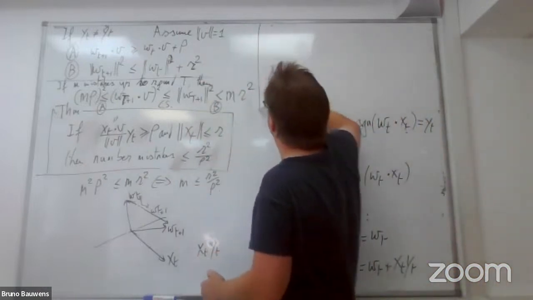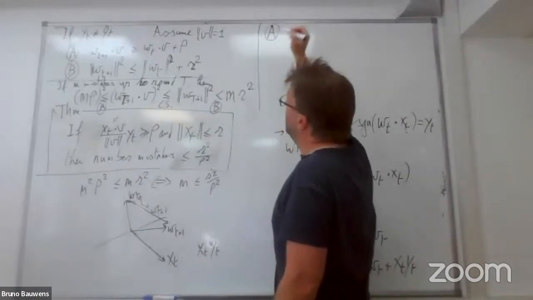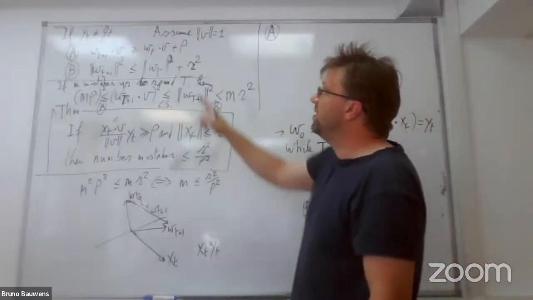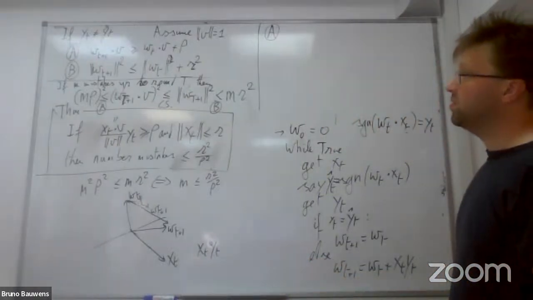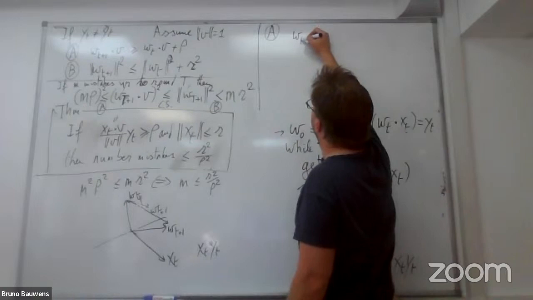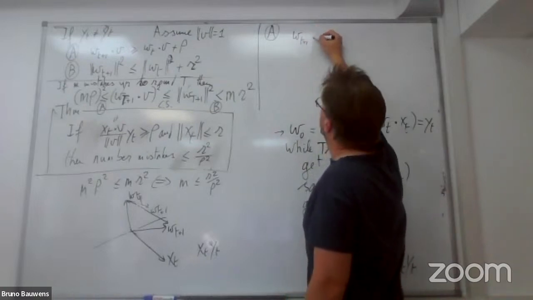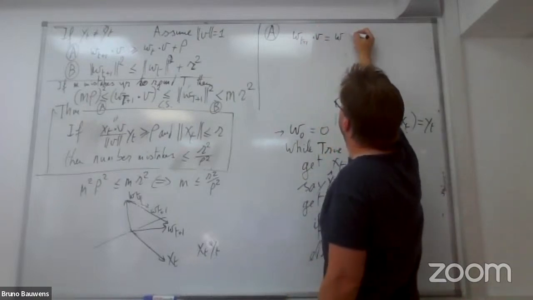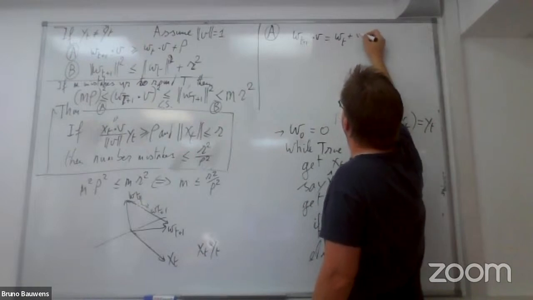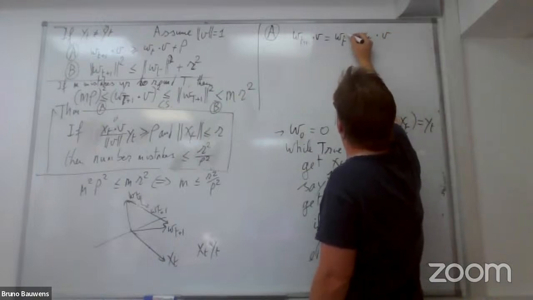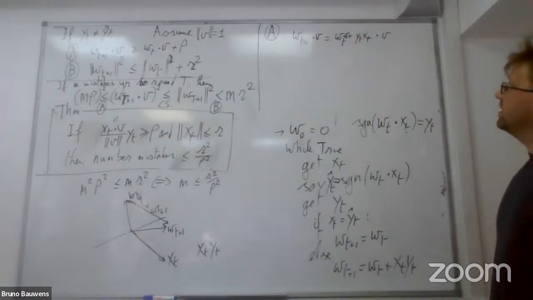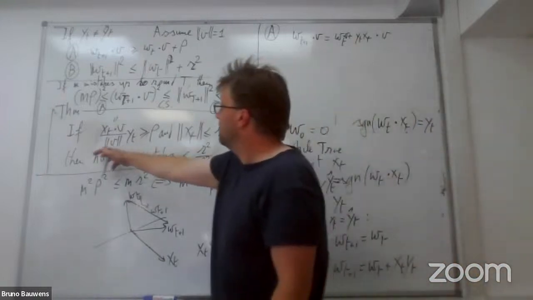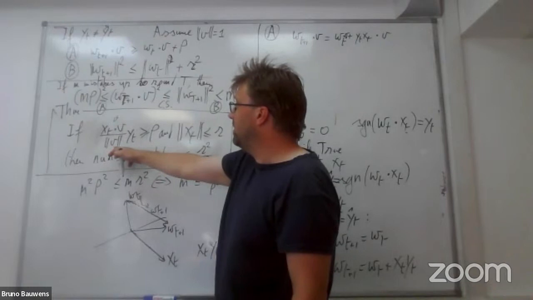And so why is A true? That's just by definition. Just by the update rule, we have W T plus 1 times V. We just insert W T plus Y T X T times V. And then we look at the assumption here, so the norm of V is 1.